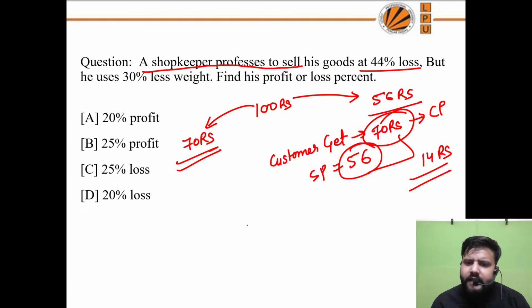And in terms of percentage, it would be 14 rupees divided by 70 multiplied by 100. So 7 2 times, 0, 0 get cancelled. Answer is 20%.